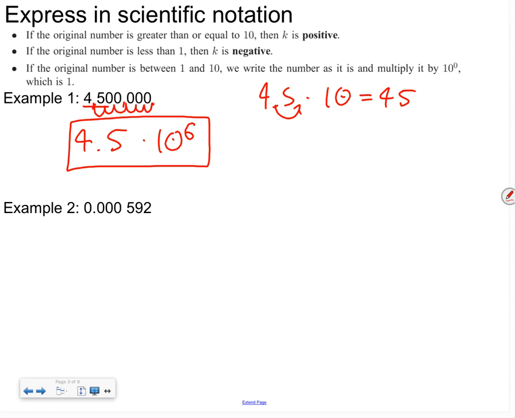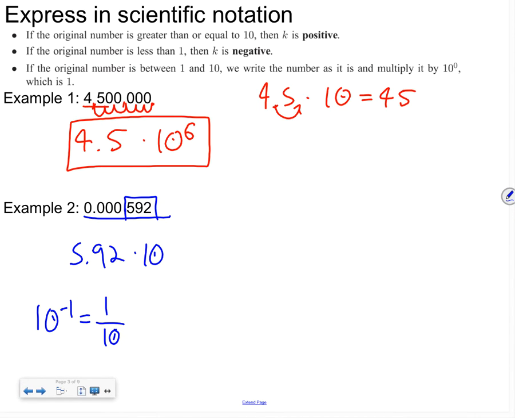Now, similarly, when we're thinking about a really small number, like in example 2, I look for what number here is going to be between 1 and 10. If I put the decimal place after the 5, I get 5.92. That number is between 1 and 10, times 10 to some power. Well, we need to do negative powers. We remember that 10 to the negative first is equal to 1 over 10, so we're dividing by 10.